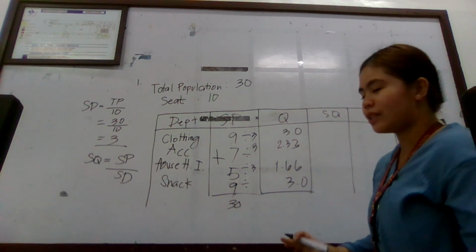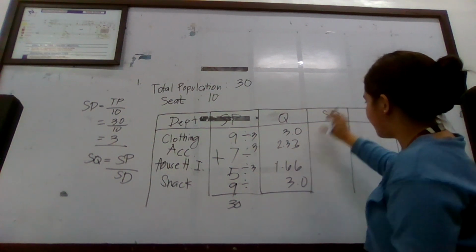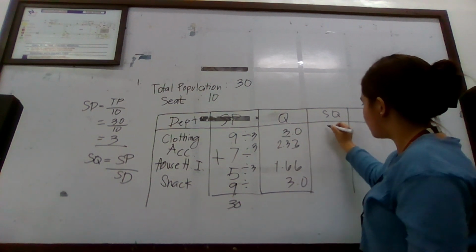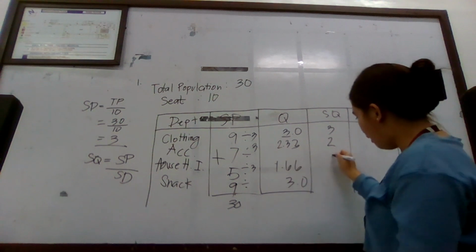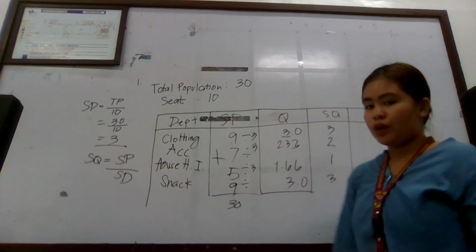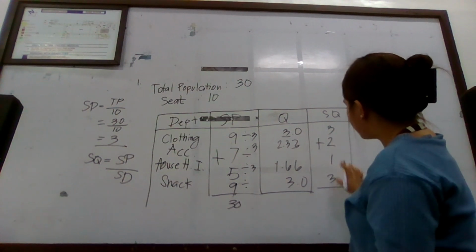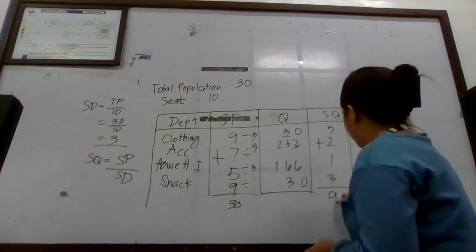So, ang kukunin lang natin, ang ilalagay lang natin dito sa ating standard quotient is yung whole number. So, this will be 3, 2, 1, tsaka 3. So, i-add lang natin. So, 3 plus 2 plus 1 plus 3 will give us 9.